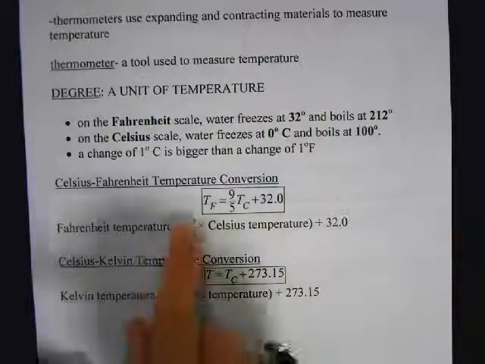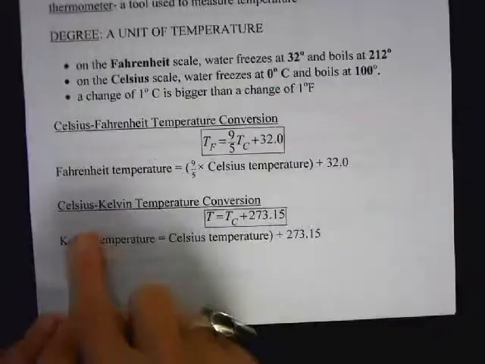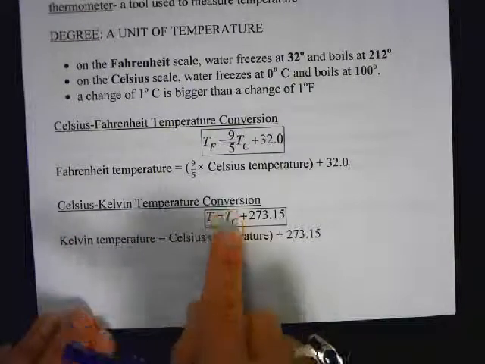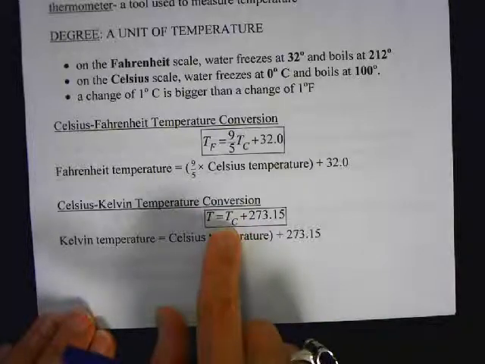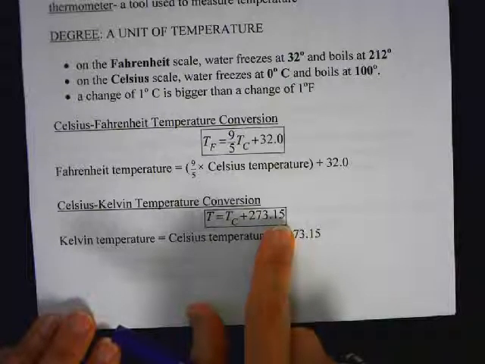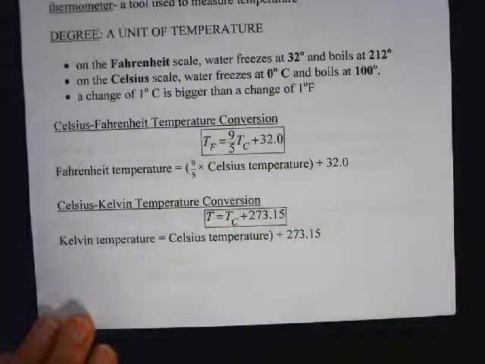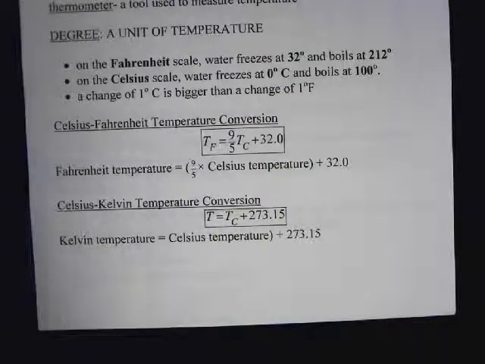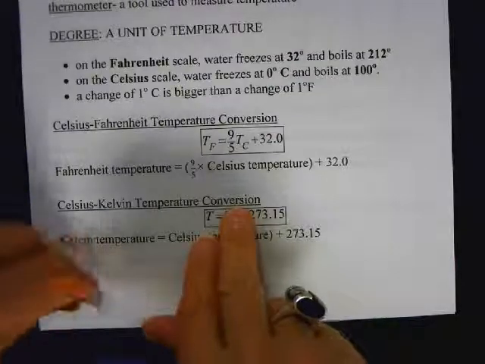For the Celsius to Kelvin conversion, the temperature in Kelvin is the temperature in Celsius plus 273.15. But the difference in temperature is the same if I'm looking at a difference, like a 1 degree difference, delta T.